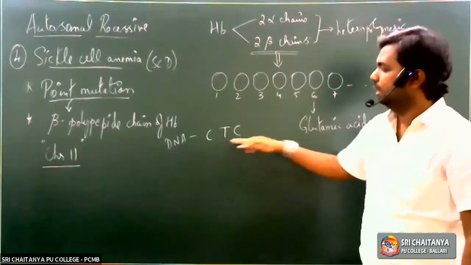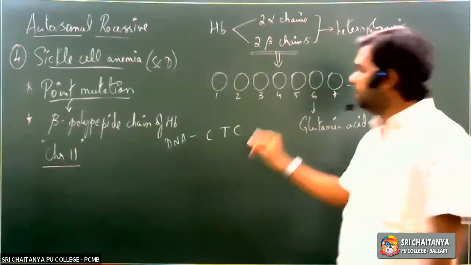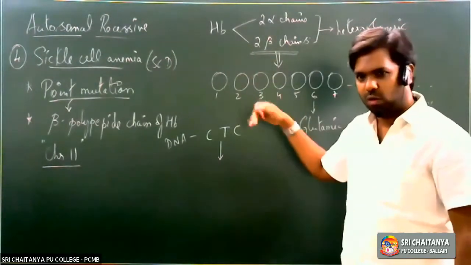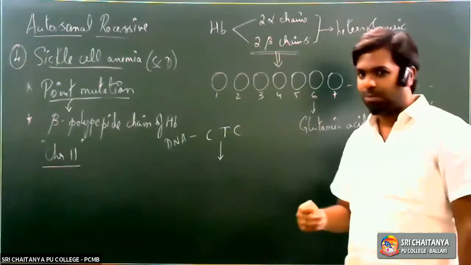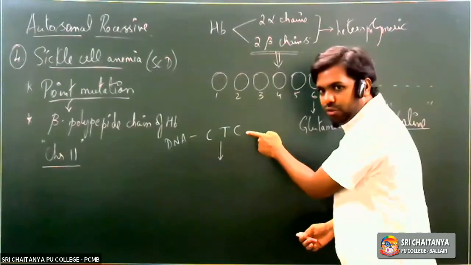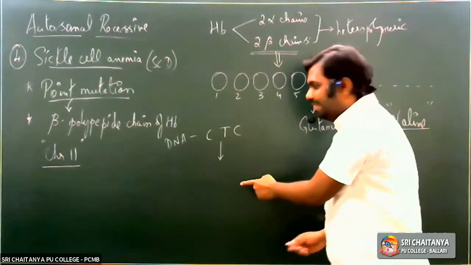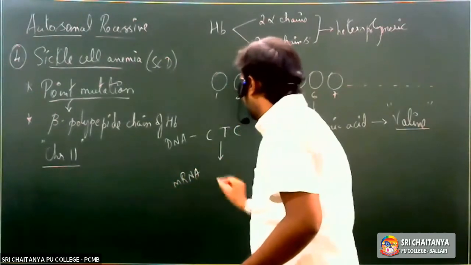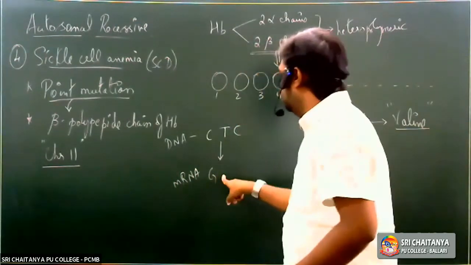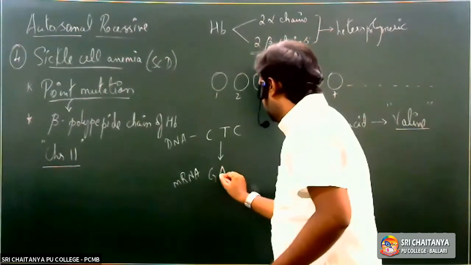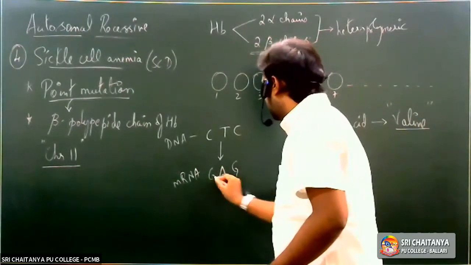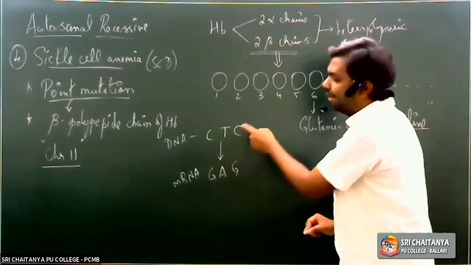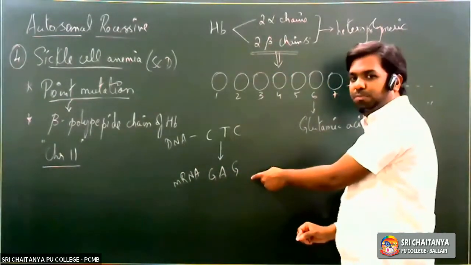Now, once the DNA sequence CTC undergoes the process of transcription, I think all would have studied transcription and translation, the sequence on the mRNA would be: C will become G, T will become A, and again C will become G. So this is the sequence on the mRNA after transcription.